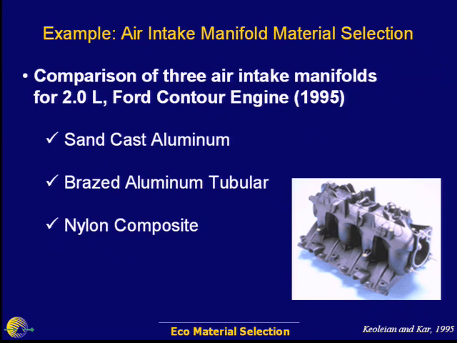We have a sand cast aluminum case here, a brazed aluminum tubular. This is a combination of secondary aluminum and primary aluminum that's sort of soldered together or brazed together. A nylon composite engine. Okay, here we have a material selection choice.